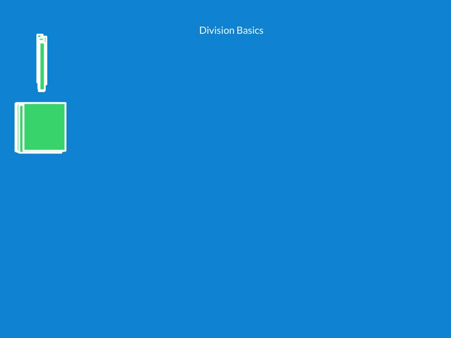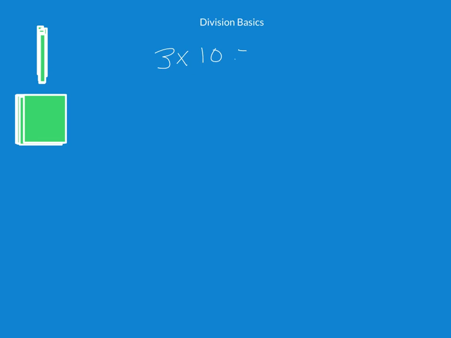The other basic to keep in mind is all of the great place value knowledge that you have. So if you had 3 groups of 10, of course that would be 30. And if you had 3 groups of 2 tens, which would be 20, of course that would be 60.